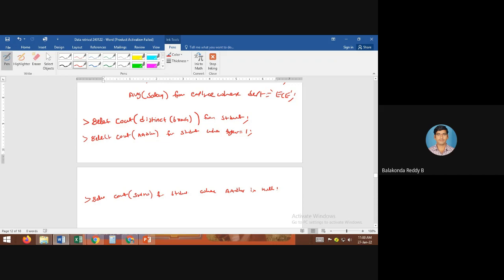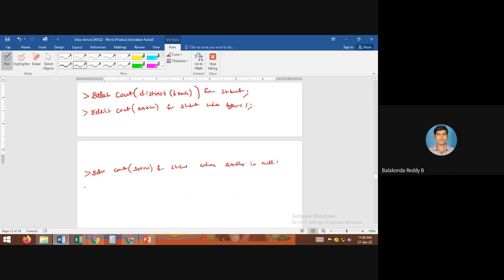Yes, guys, any doubts in this one? Put the heading Note. What is the note? Except count, the remaining all grouping functions are applicable only for number types.